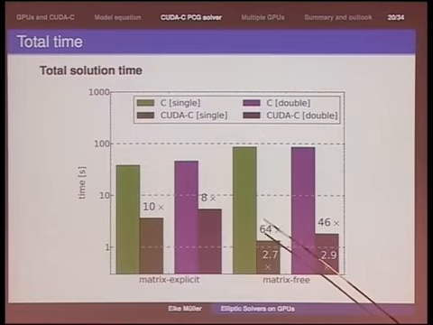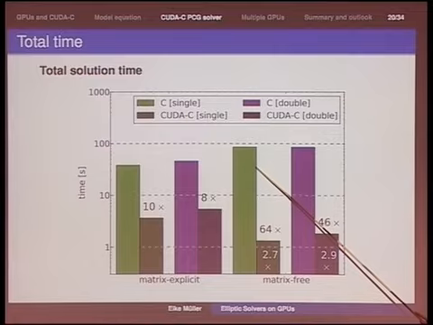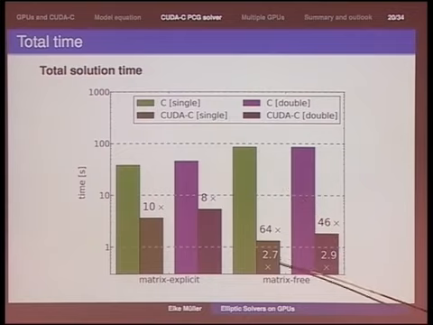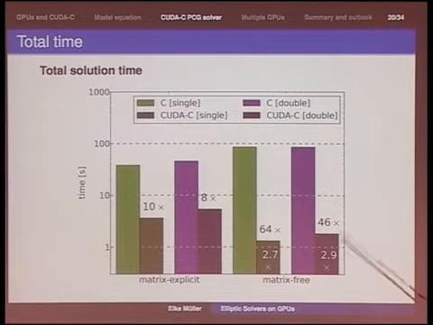And for the matrix free code, I get significantly larger speed ups. Part of this is because the matrix free code is slower on the CPU, so actually you would have to take that into account to make a fair comparison, but just assuming that. Then I also again calculate the speed up of the GPU matrix free code relative to the GPU matrix explicit code, and again I get these factors of 2.7, 2.9, so around a factor of 3.